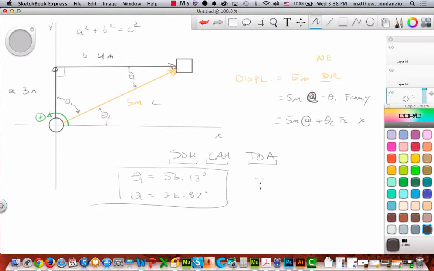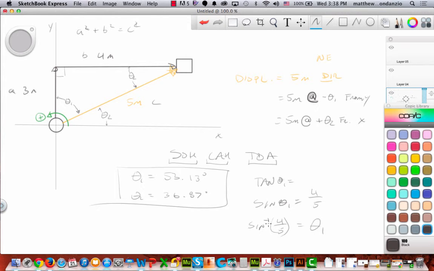Okay, so if I do tangent of theta 1, it should be what? Let's do sine. Sine of theta 1 is what? Opposite over hypotenuse, right? So it's 4 over 5. So you guys have to do the inverse sine. 53.13.